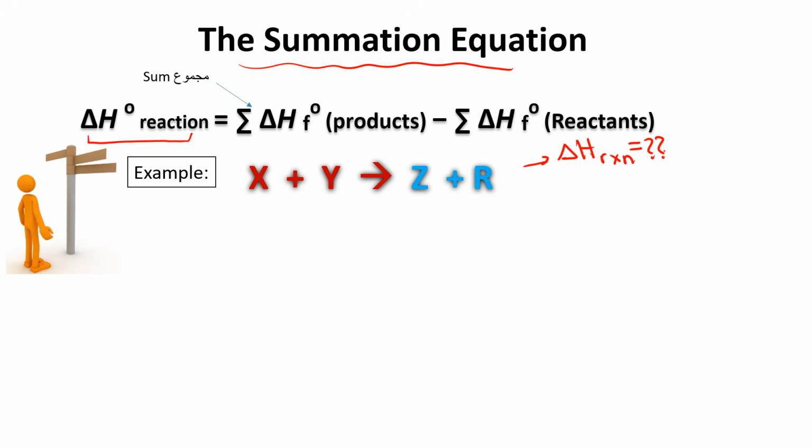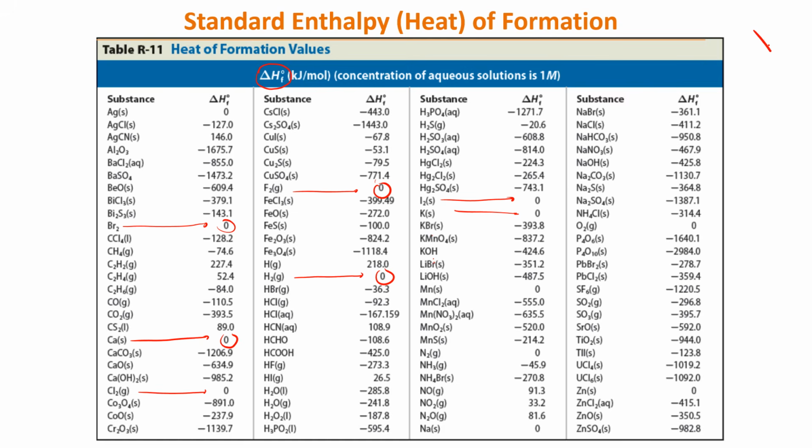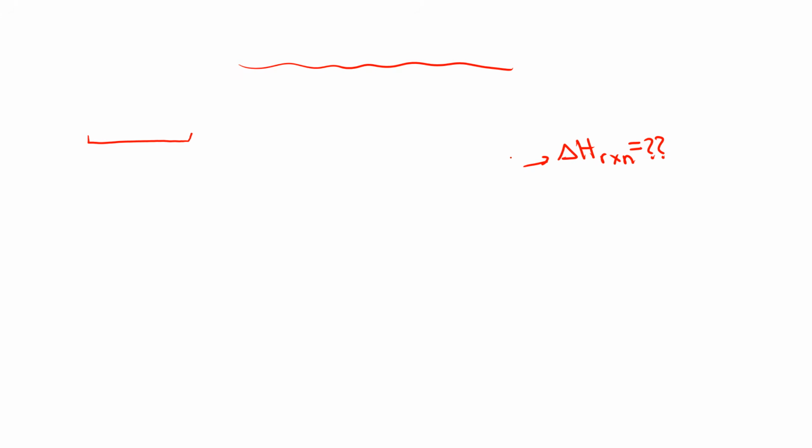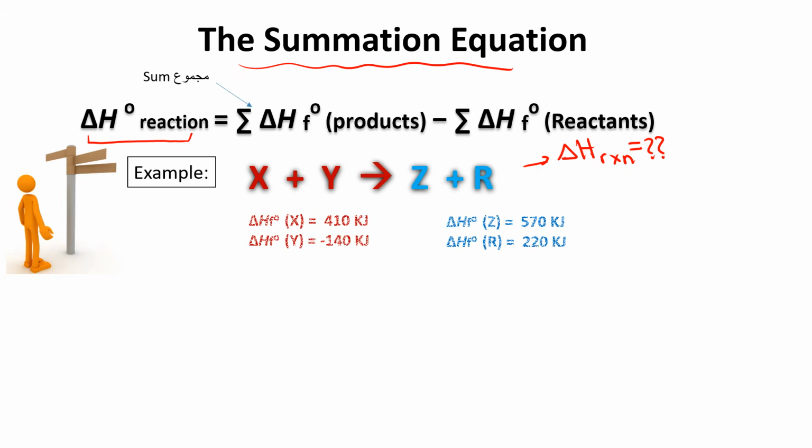So what we would do, we would go to the table, okay, and find X, R, Y, and Z. We will find their delta H formation. Okay, طبعا ال X, R, Y, Z are imaginary, يعني مركبات تخيلية. طبعا قيمها مش موجودة هنا، بس احنا بنحاول ان احنا نذكر بعض القيم. So we'll give them numbers. We'll give them arbitrary numbers, like random numbers. Imagine the delta HF of X is 410 and so on.